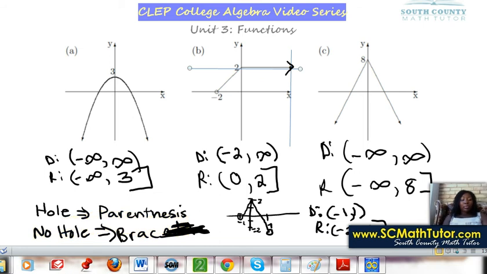No hole, bracket. That's why I have this bracket here, because there's no hole here. Hole, parentheses. That's why I have this here, because for the range, this is a hole, and I don't want to fill it in. I hope that made sense to you.